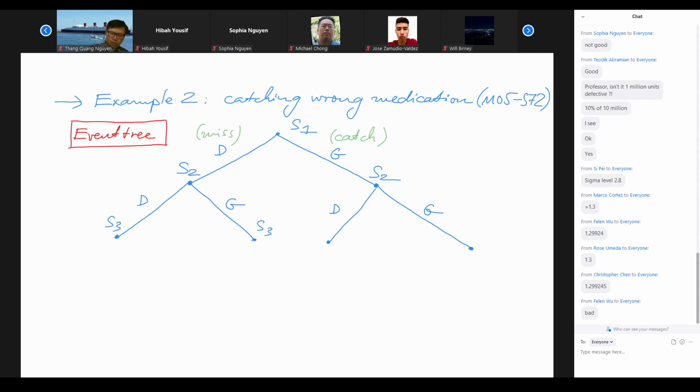So that's station number 3. Right, a real life situation can be adapted to this model like this, so that we can apply it to many cases in real life, right? And then the third station, we either miss it or we catch it. So miss, we call that D, catch is G, defective, defective and good, defective again and good again.